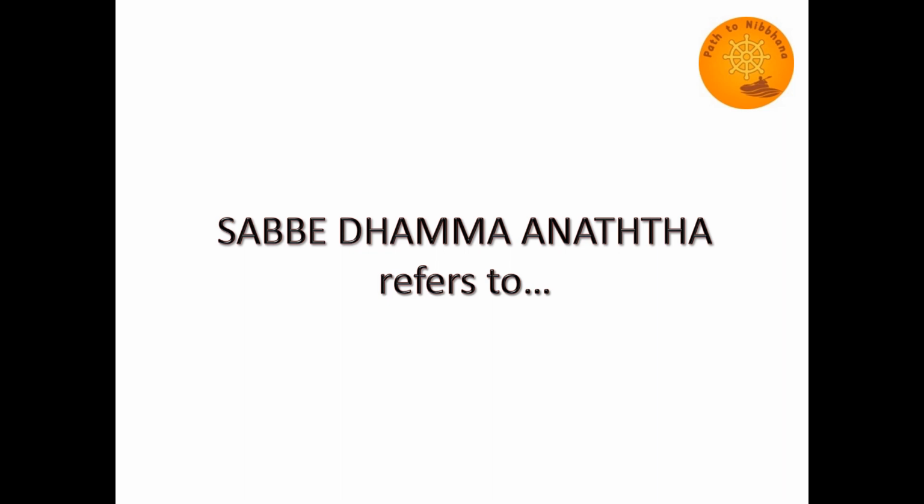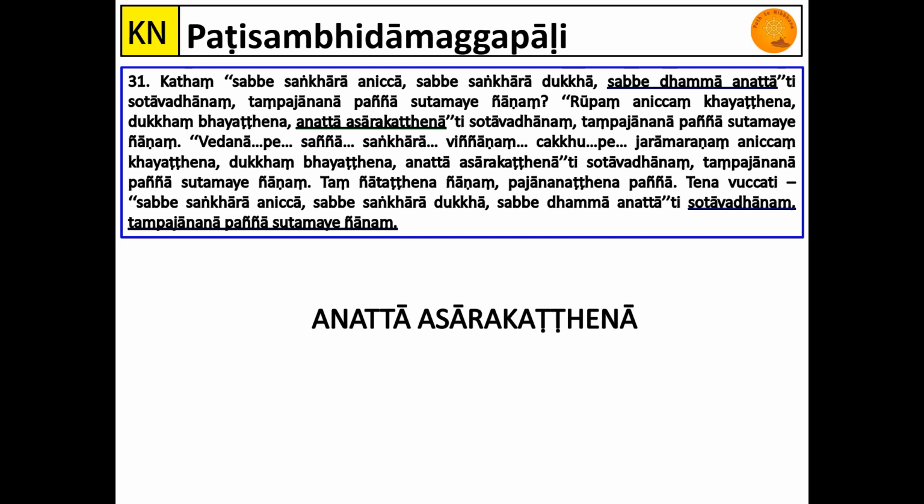So the next thing is Sabbe dhamma anattati. What is Sabbe dhamma anattati? In the Patisambhidamagga prakarana, Mahavaggo, Najirati, Atta, Attha and Anatta are explained, and then it says Anattam asarakatthena.